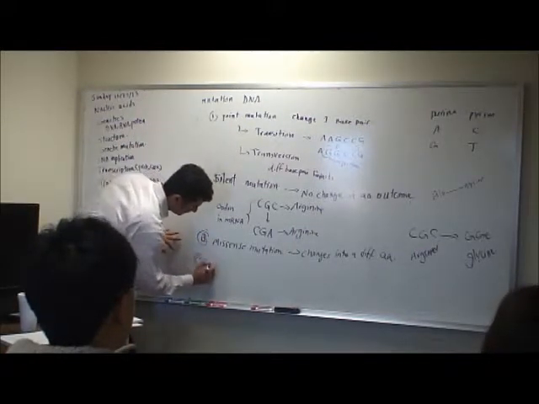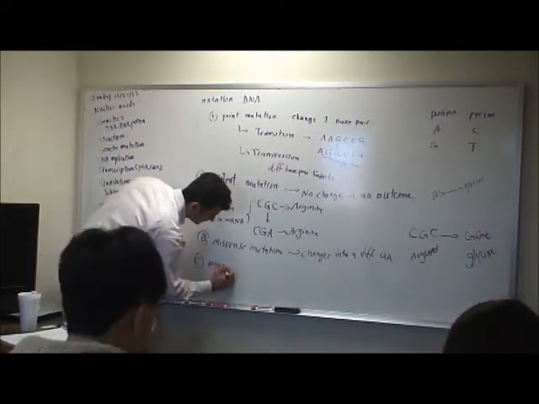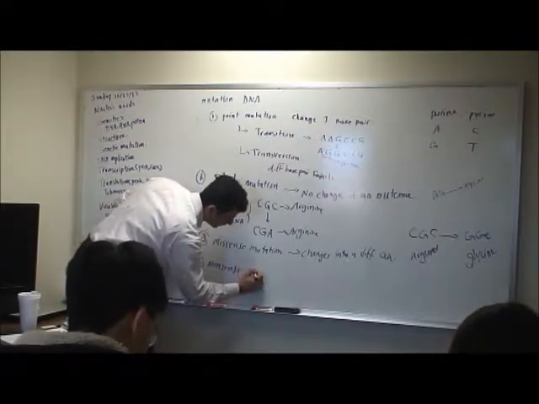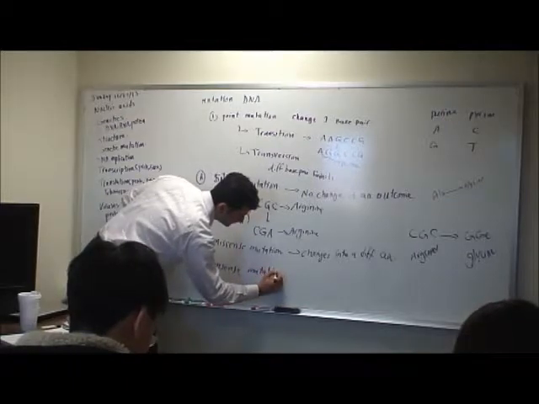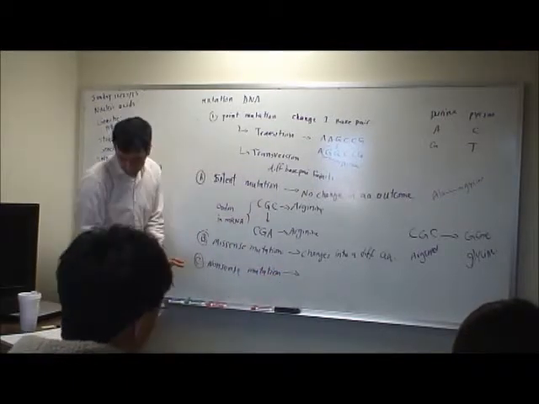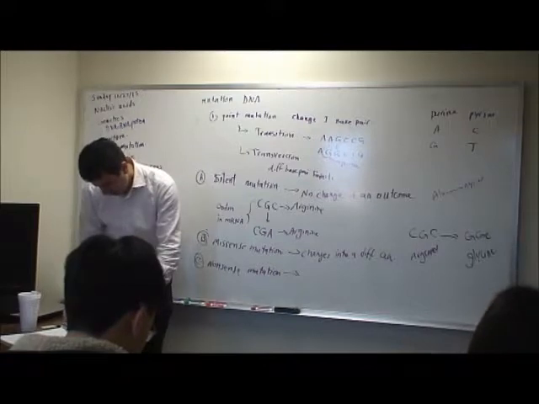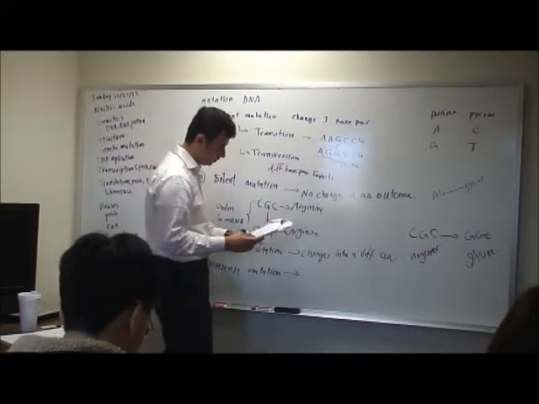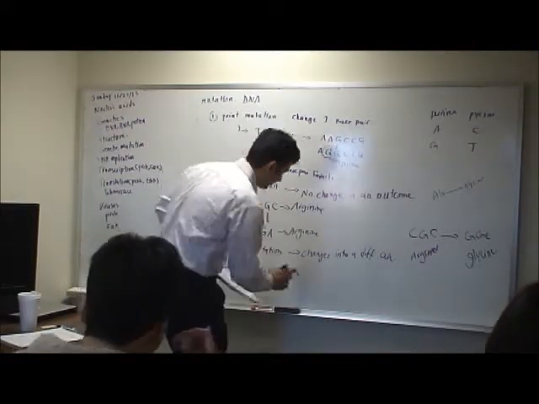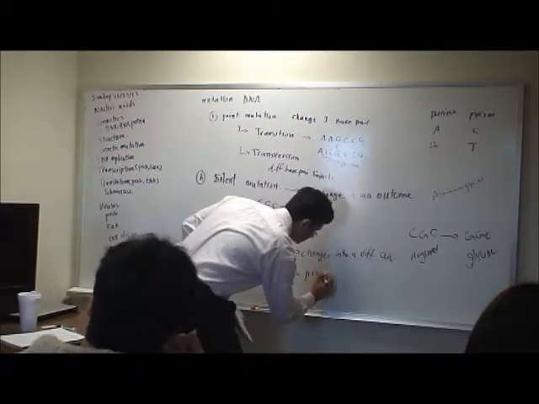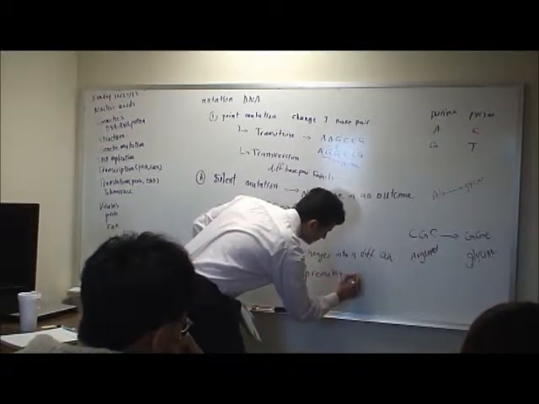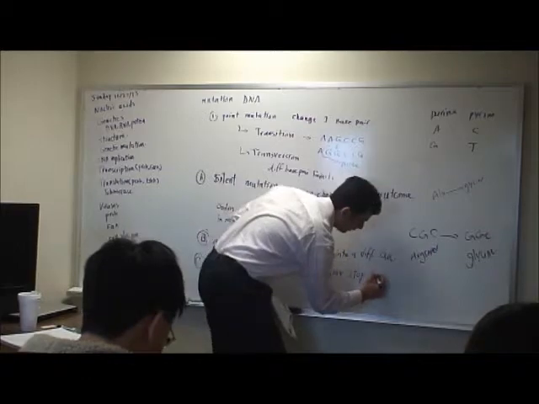And C, let's call it nonsense mutation. A change happens in DNA so that when you translate it into amino acids, you end up getting what they call a premature stop codon.